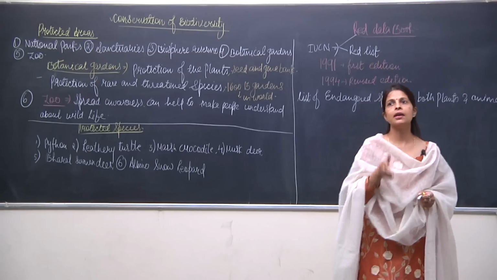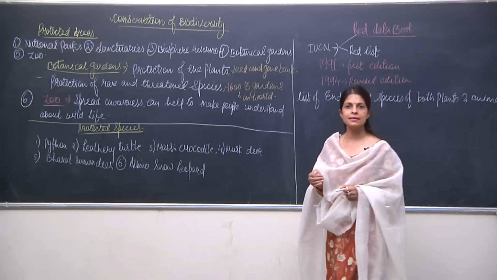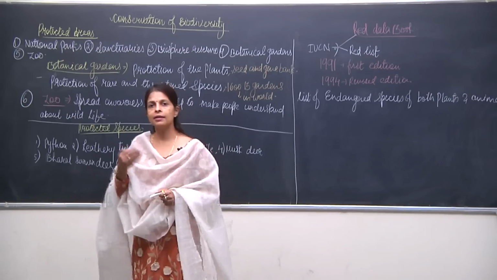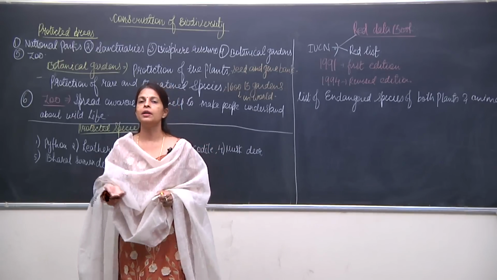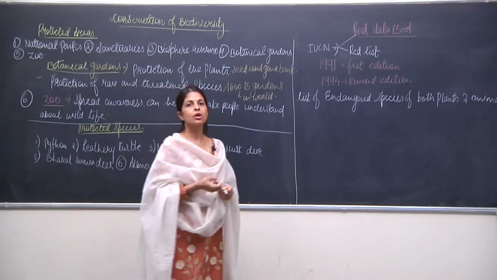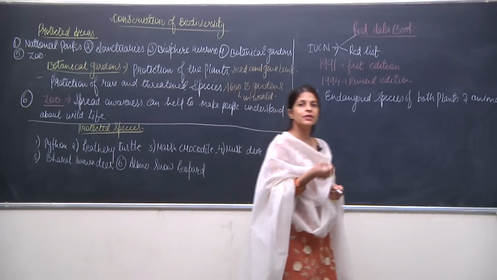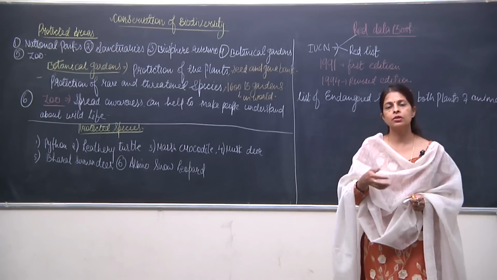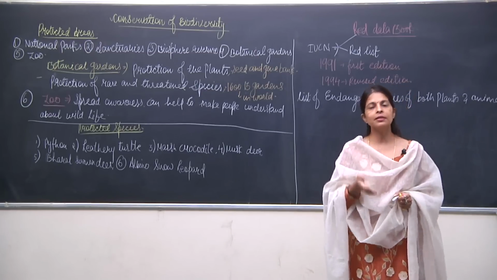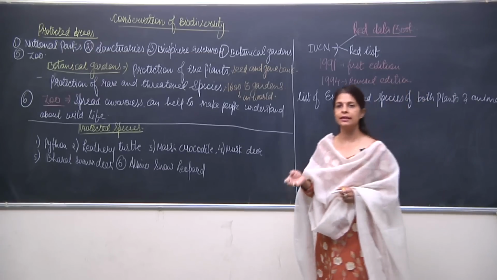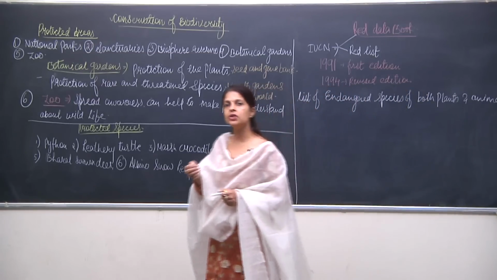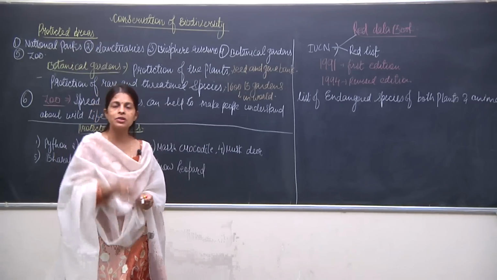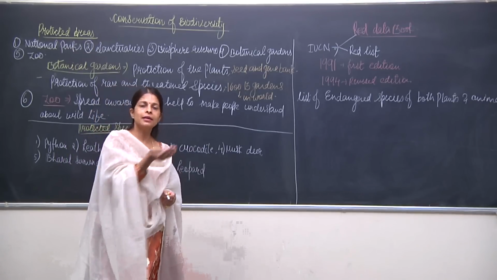In the same way, why is this list prepared? This list can help the scientists to work for the species which really need help to grow, to flourish. Certain steps and measures are taken so that the individuals can be increased, so that these species which are now in the list of endangered can come back to normal.